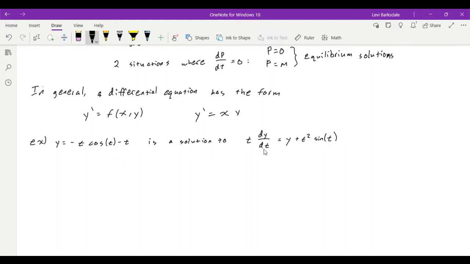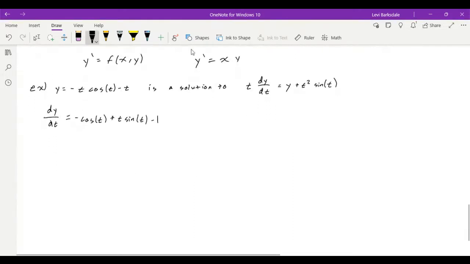And in order to check this, I know what y is, I don't know what dy dt is, so I need to find dy dt. And to do that, I just differentiate both sides of this equation. First, I use the product rule. And then I simply plug everything that I know into this equation here.